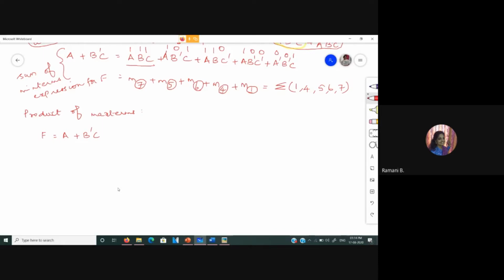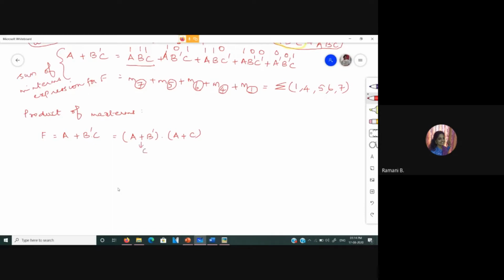So for that purpose, at the start itself you need to apply the distributive law and make this expression a plus b bar dot a plus c, because this is like a plus b bar dot c.